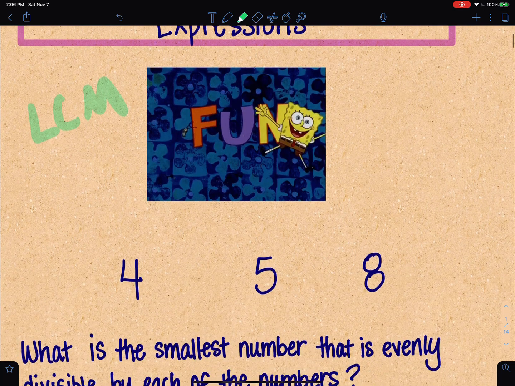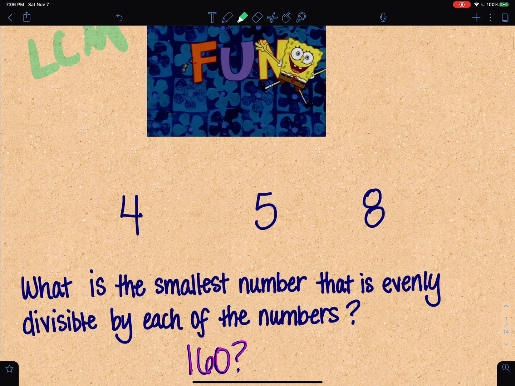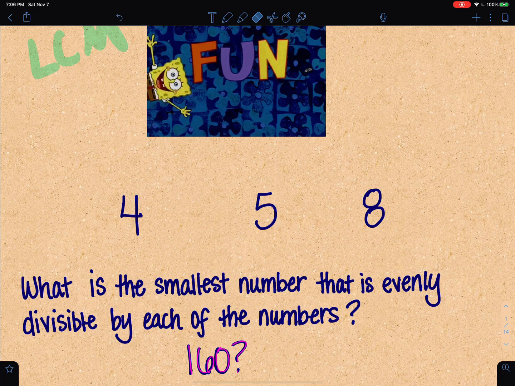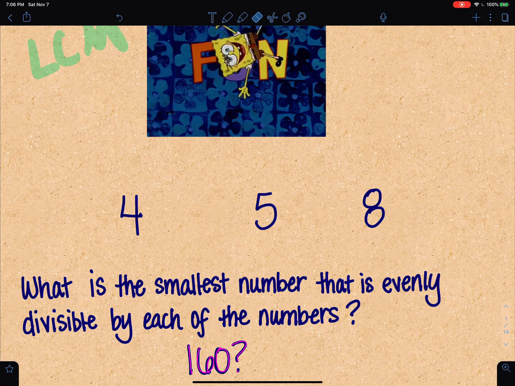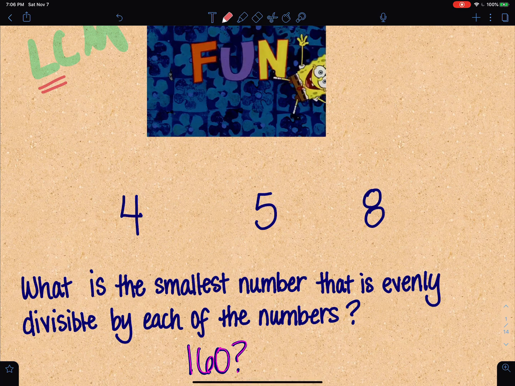So, for example, just a quick review. If we are given these numbers, 4, 5, and 8, and you're asked to find the smallest number that is evenly divisible by each of the numbers. Now remember that even though we have the word least in least common multiple, we're talking about multiples.